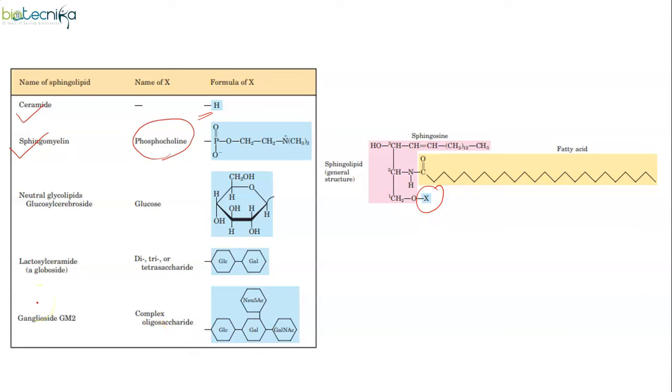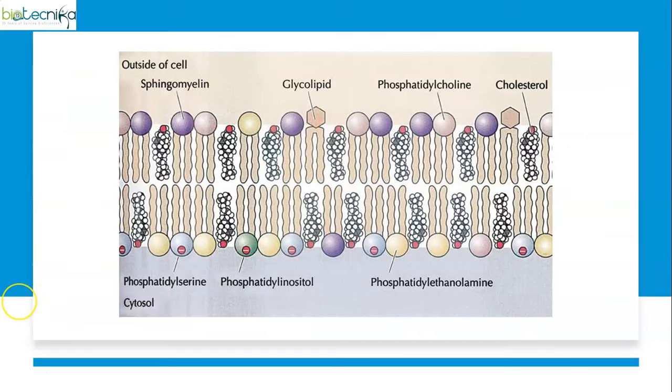Okay. Now, what are the most predominant phospholipids that are present in the inner and outer leaflet of the plasma membrane? In other words, which is present towards the cytosolic region and which is present towards the extracellular side, that is outside of the cell.